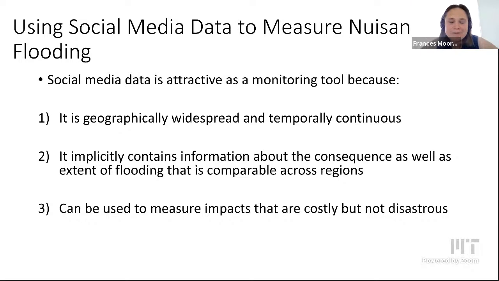What's also cool about social media, and why I particularly like it for these kinds of applications, is that it implicitly contains information not just about where water is, the extent of flooding, but the impact of that flooding, right? If this busy road floods in the middle of the night versus if it floods at 9 a.m., those are really different things, right? They have different consequences.